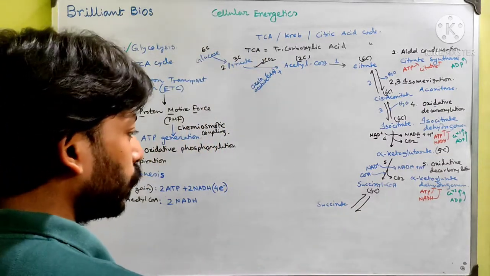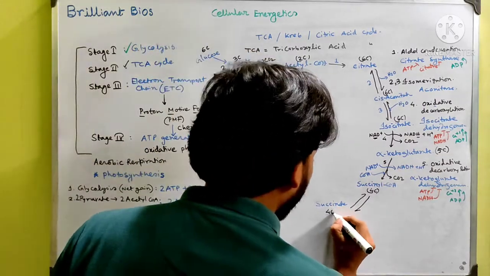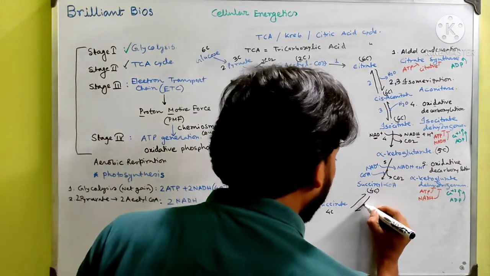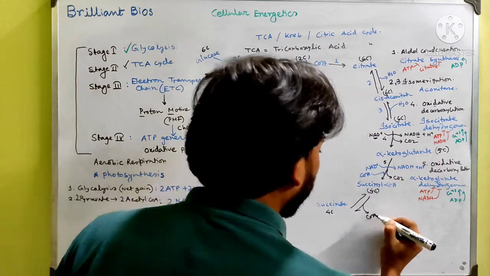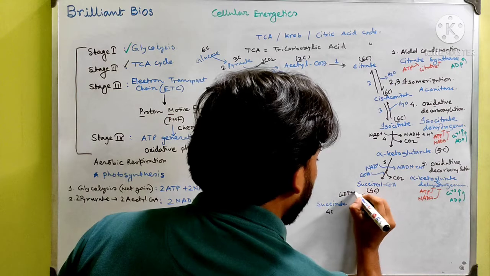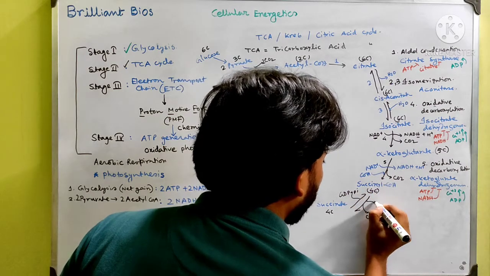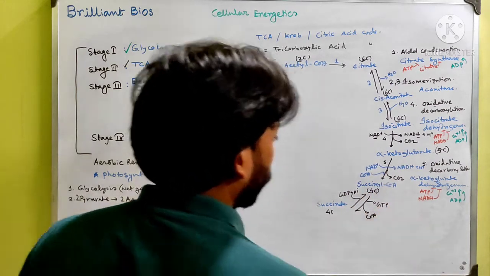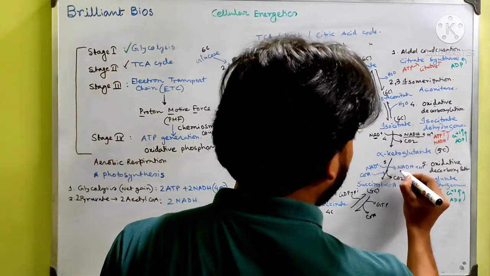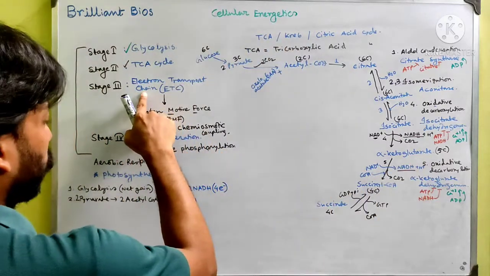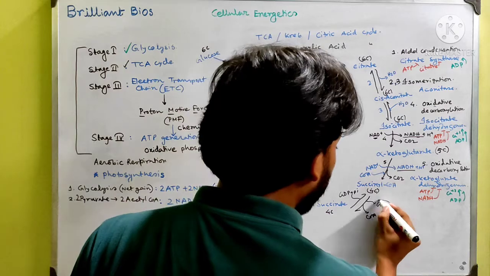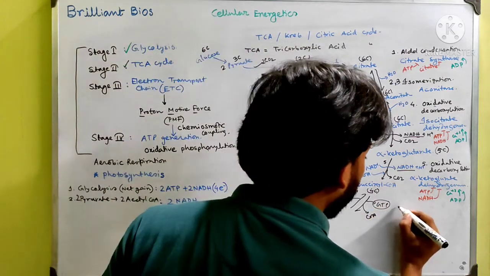So this succinate is a 4 carbon molecule, and here one very important thing occurs: coenzyme A is released, and at that time GDP plus inorganic phosphate associate to make GTP. Because we know that this NADH is very important for the electron transport chain, I have already written it here, so we will count this NADH. And GTP is also important because GTP is ultimately converted into ATP.